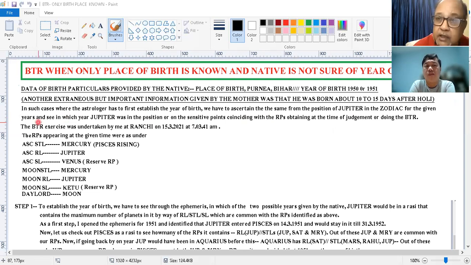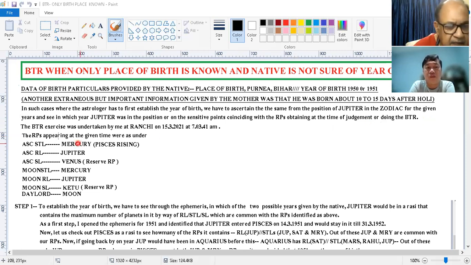He has given two years, so for both we have to check the position of Jupiter, and see in which year Jupiter was in the position or on the sensitive points coinciding with the ruling planets obtaining at the time of judgment, or at the time of doing BTR. What are the sensitive points? They are simply the ruling planets. The ruling planets are given as under.